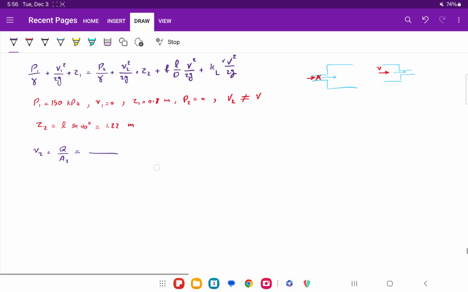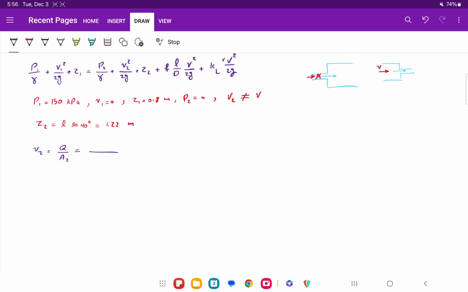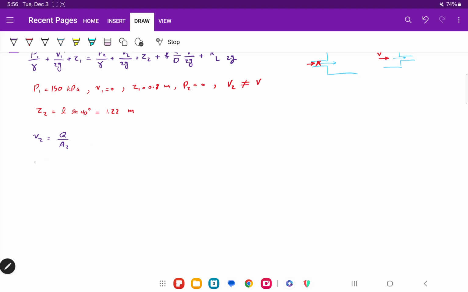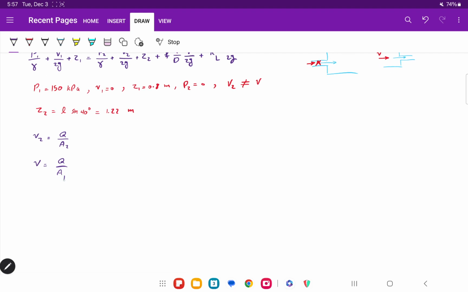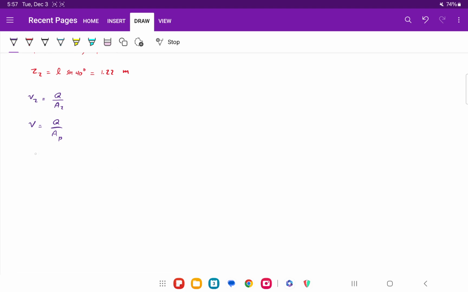So V2 is Q over A2, and V is Q over A, the area of the pipe, so for example A_P. And what else do we know? We know that the diameter of the pipe is 2 times the diameter of the nozzle.